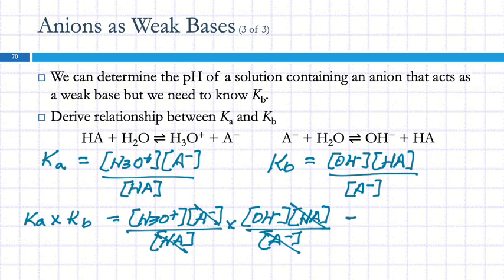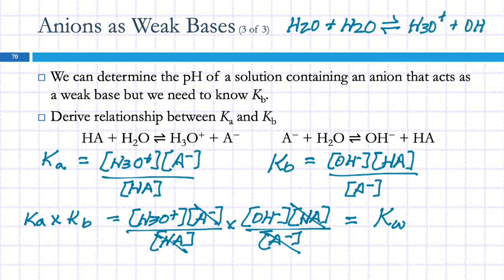And what do we call that? Kw. That's the autoionization of water. Kw is H3O plus times OH minus.